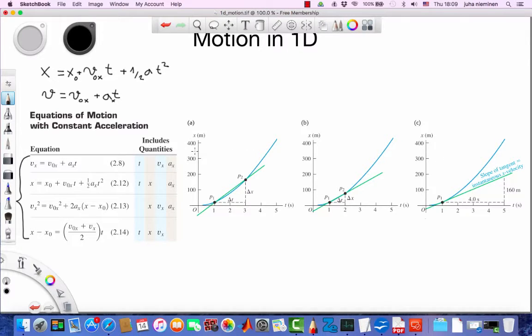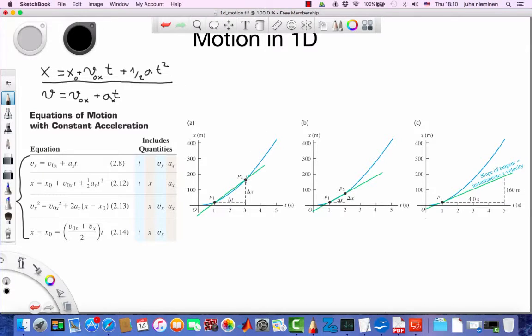What we have here is the position x on the y-axis as a function of time. So if you look at the blue curve, that is just a manifestation of this formula. In fact, it is a parabolic function, as is evident from the fact that the t is of second order.